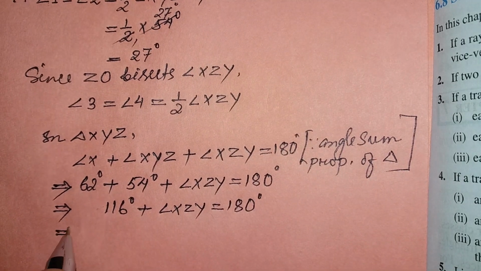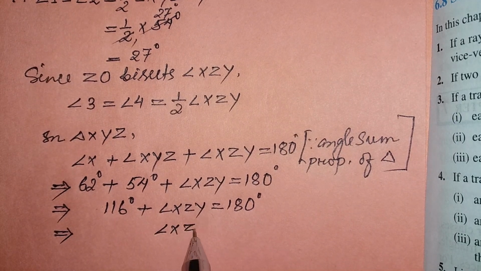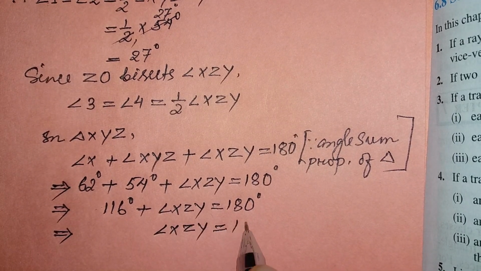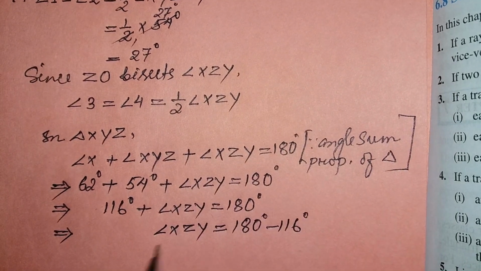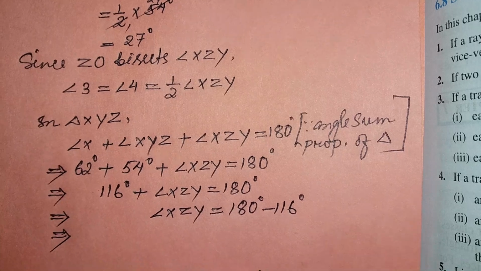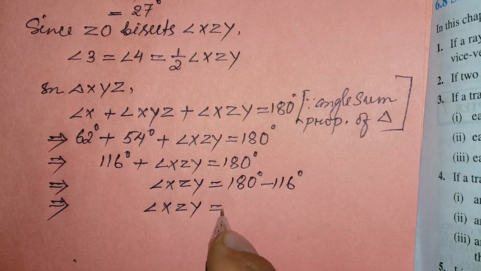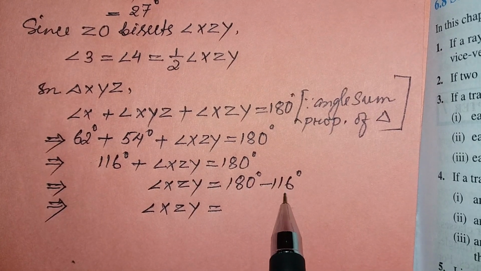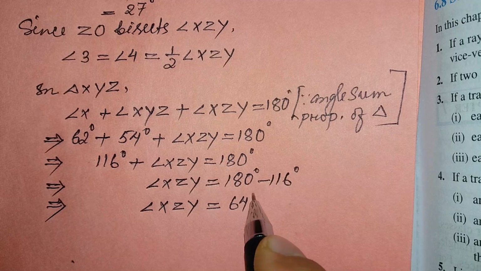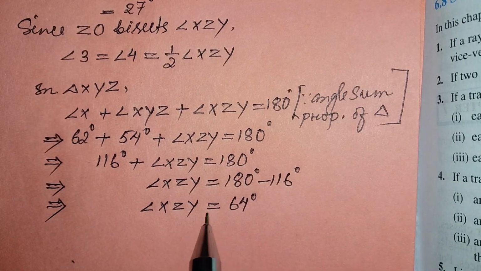Now let's transpose this 116 degrees to the right hand side. So angle XZY is equal to 180 degrees minus 116 degrees, which is 64 degrees.